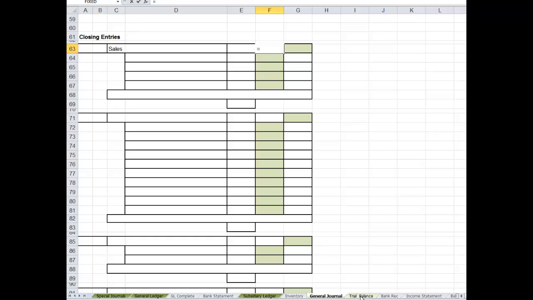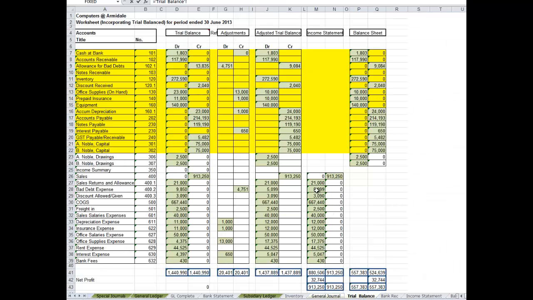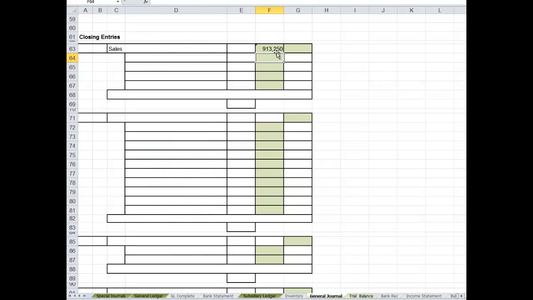So we go to the trial balance, and we know that our sales are going to be a debit of 913,250. We also have some contra accounts to sales, so we'll do all the contra accounts with the sales.